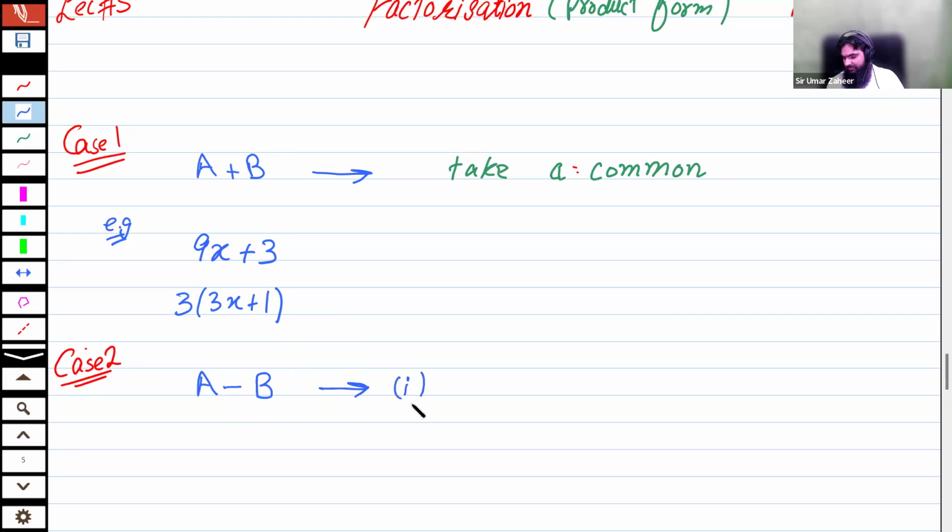For the first option, we try our best to see whether we are able to write the first term as well as the second term in square form. If yes, if we are able to write in this format, then we have to use the identity.